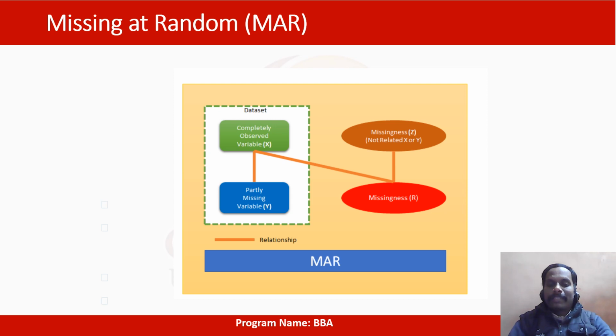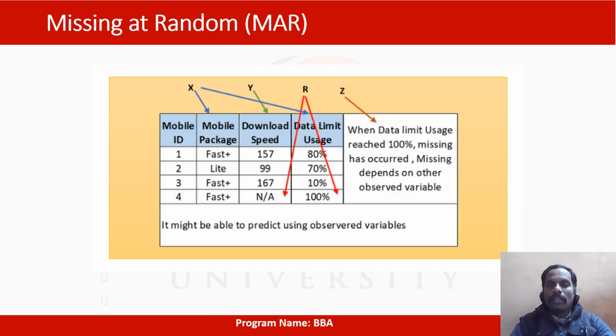Some may think that MAR does not present a problem, but MAR does not mean that missing data can be ignored. In the example, the missingness has a relation to the data set variable x but not to y.